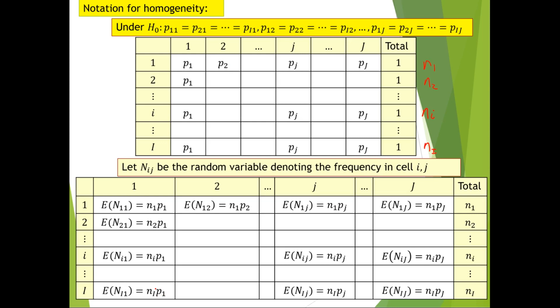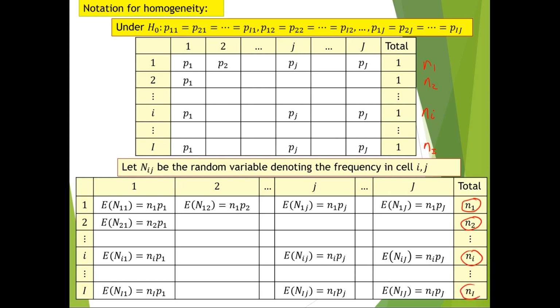So we are still going to have the same N1 here again, just as we had with the goodness of fit tests. The observed frequencies and the expected frequencies should be the same in the end.